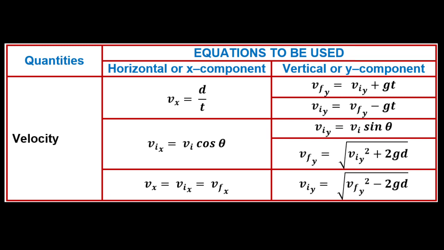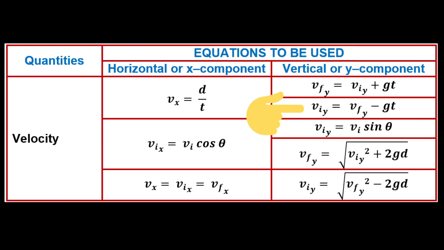To solve for the vertical velocity, here are the following formulas. Vfy is equal to Viy plus gt. Viy can be equal to 0, especially if the object starts to move down from a maximum height. Next, Viy is equal to Vfy minus gt.